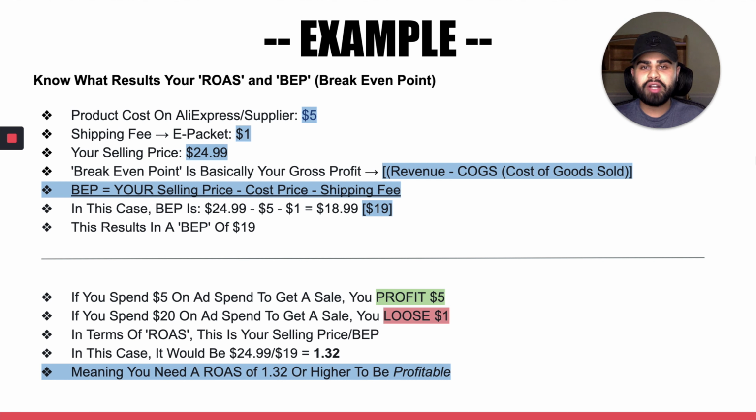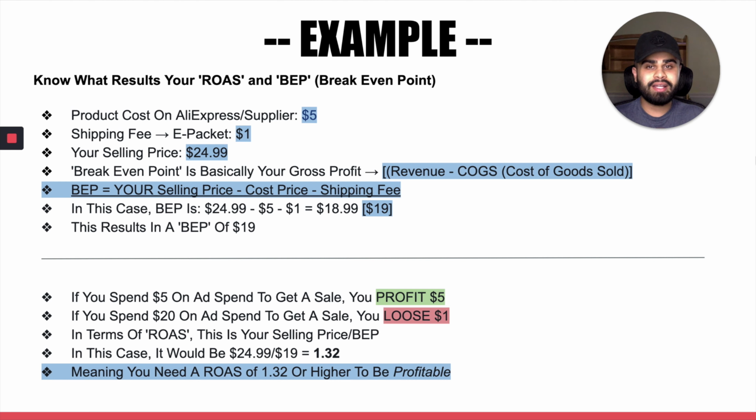But let's say in general, it's costing you $1 to ship that product out. That means our total cost price for the product is $6. You're following? The product price, which is $5, and the shipping fee, which is $1. So per product or per unit, it is costing you $6. That is your expense for one individual product.